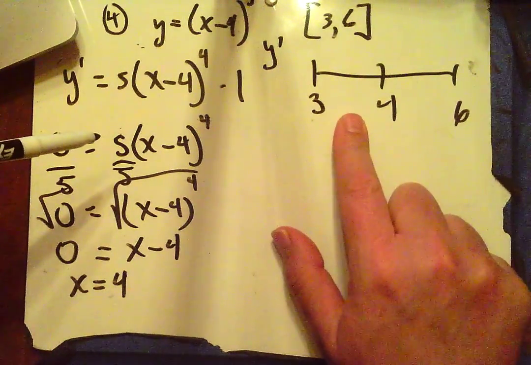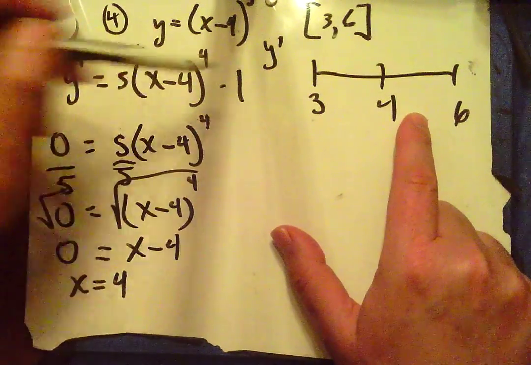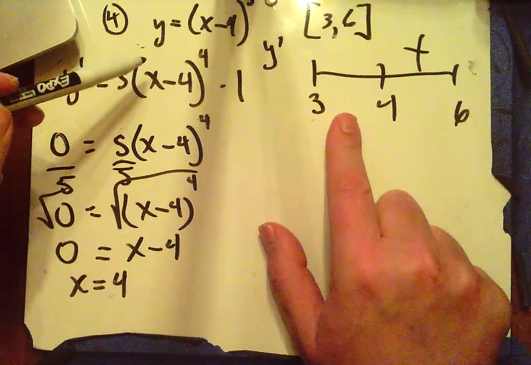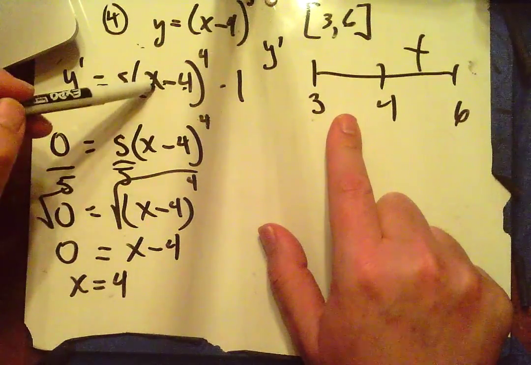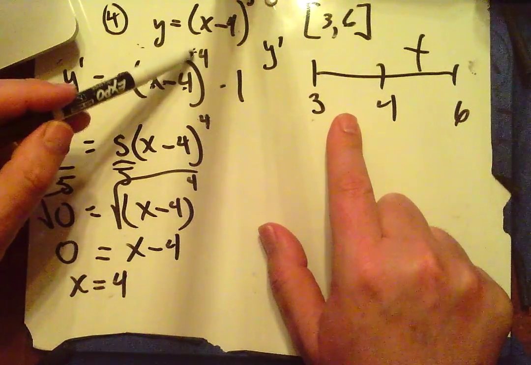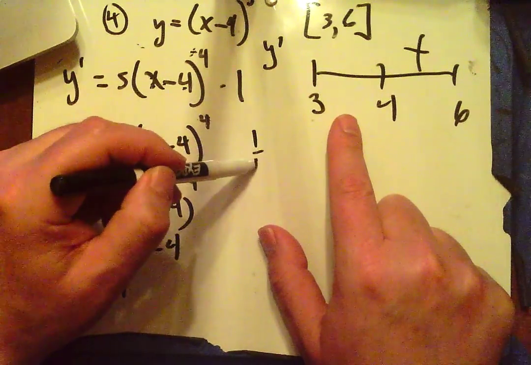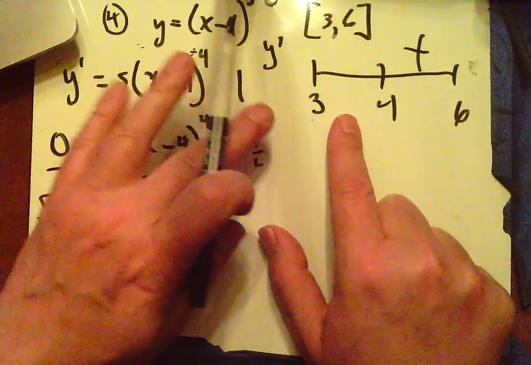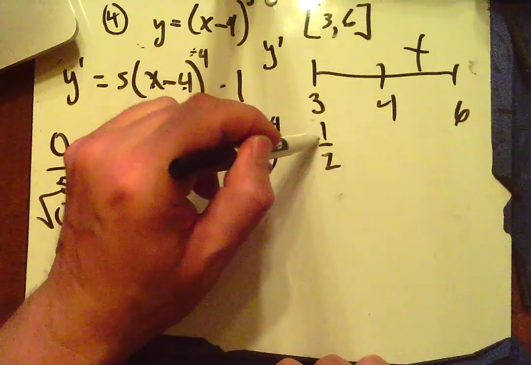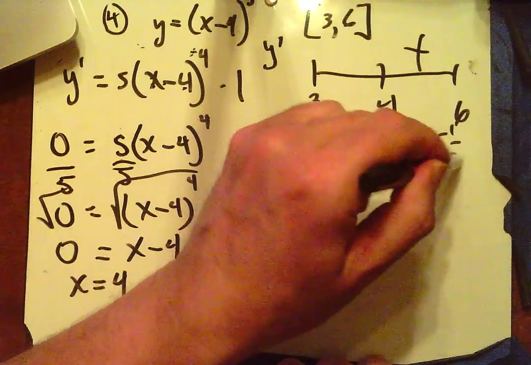Okay, so if I plug in a 5 here, 5 minus 4 is 1. 1 times 5 is 5. That's positive. And if I plug in 3.5 here, 3.5 minus 4 is -1/2. But -1/2 raised to the 4th is going to be -1/2 times -1/2 times -1/2.